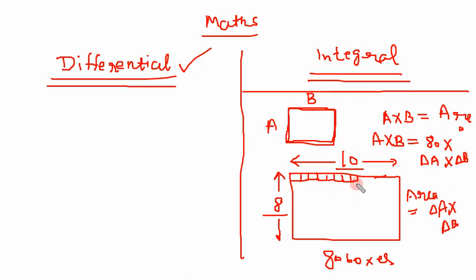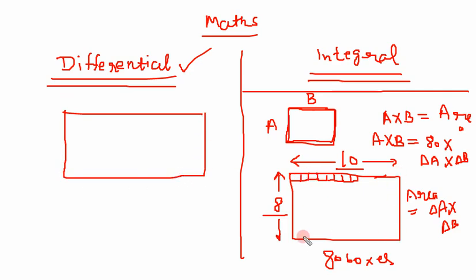Now what we can do, we can take bigger boxes or smaller boxes. Let us take bigger boxes. If we take bigger boxes, this outer rectangle remains the same, only the inside boxes we take big. Let us see what will happen.